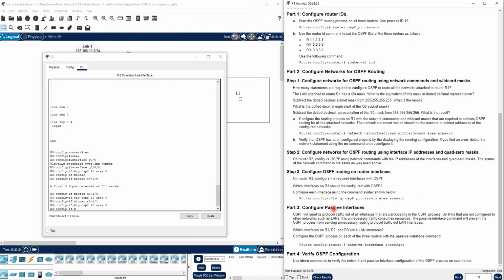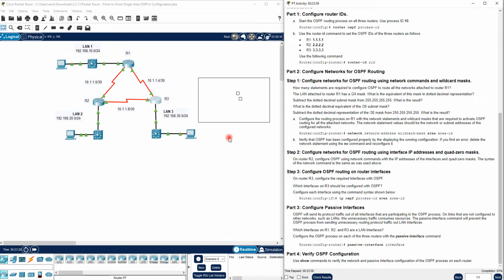And in part 3, configure passive interface. What is passive interface? We have some devices that cannot participate in advertising networks, in election, and things like that.